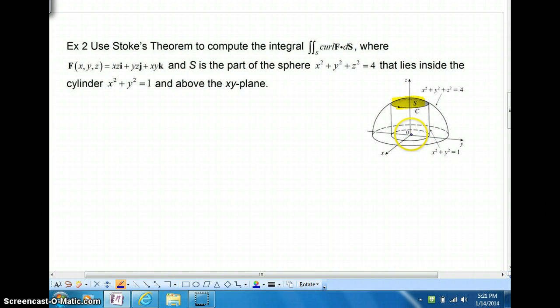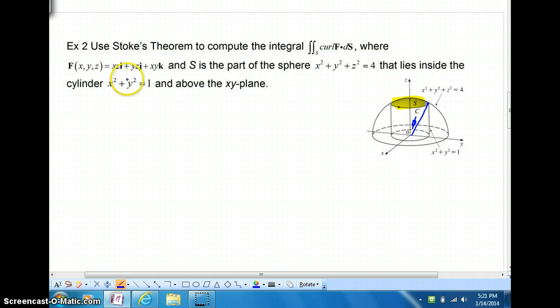You can see that our phi, as we move to the boundary curve C that's being traced out, is not going to be spanning from 0 to pi. Rather, we'd have to find that.